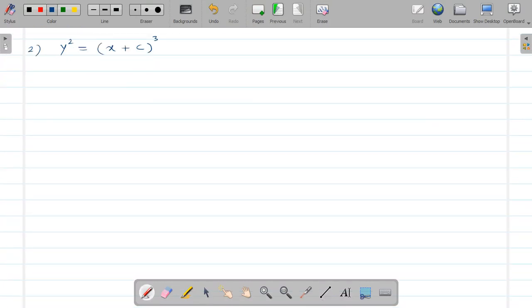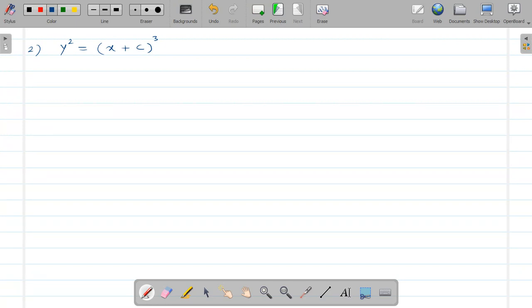Now let us see another function, that is y square is equal to x plus c bracket cube. Now here only one constant is there, so we have to differentiate this function with respect to x only one time. Okay, but after getting the derivative, is it possible to remove the constant c?